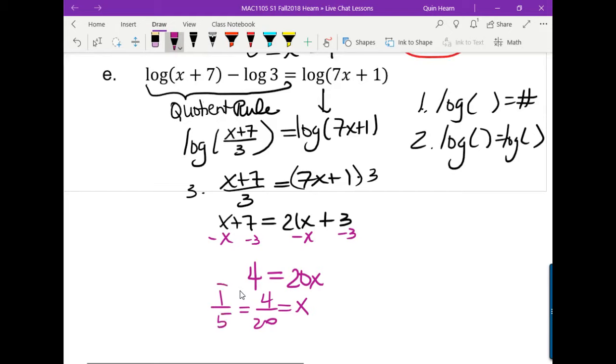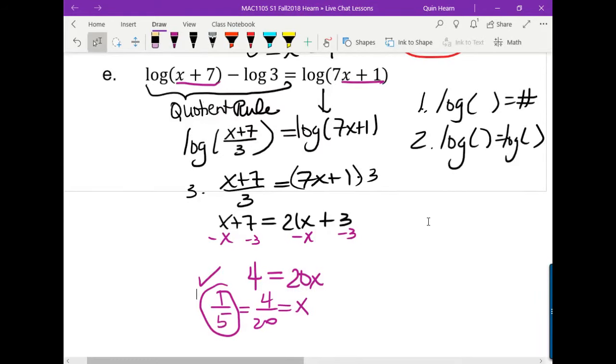I'm going to clear the fraction by multiplying both sides by 3. x plus 7 equals 21x plus 3. And then we're going to subtract 1x and subtract 3, and we get 4 equals x. Oops, hold on. 20x, I mean.